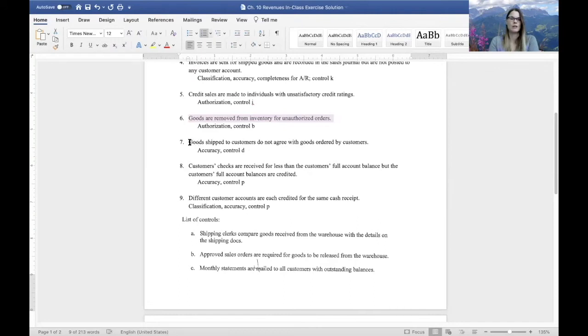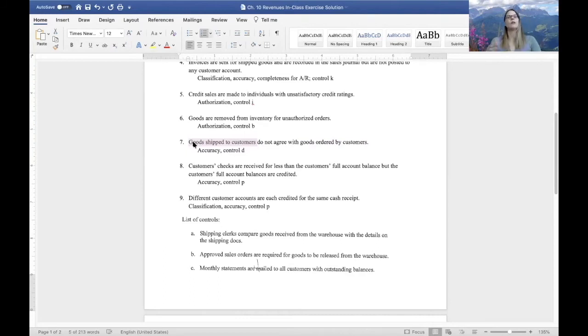7, goods shipped to customers do not agree with goods ordered by customers. All right, remember goods ordered by customers, that number will show up on the sales order. Goods shipped is going to show up on the shipping document.